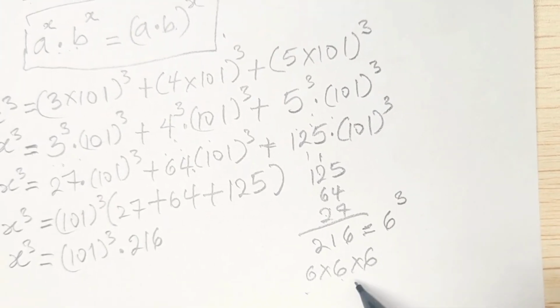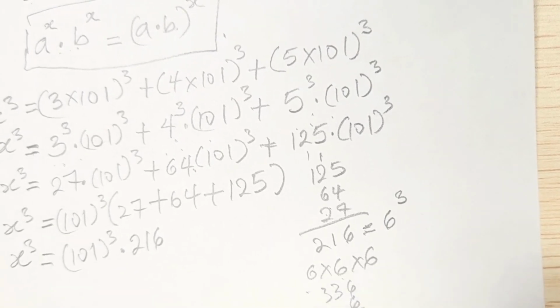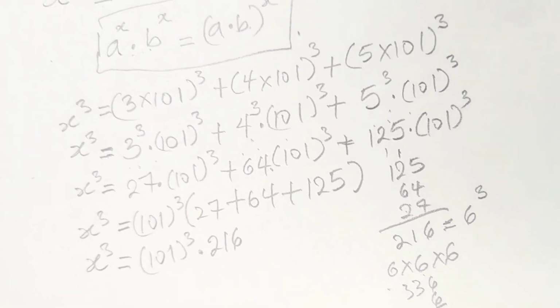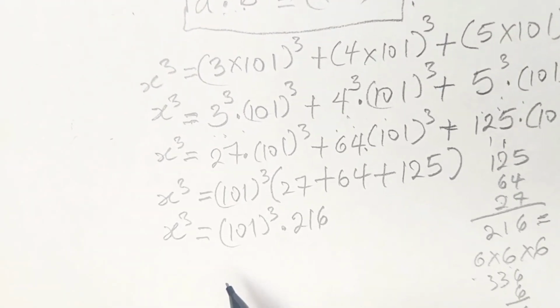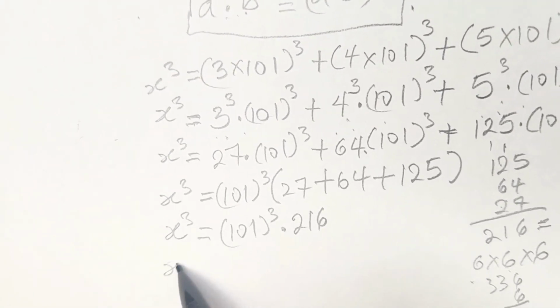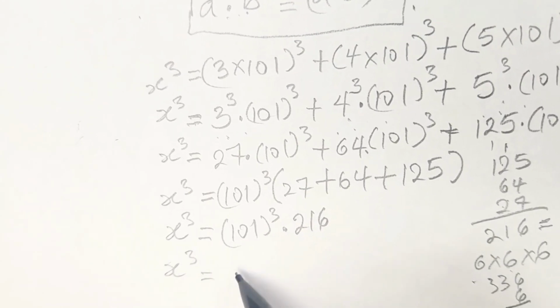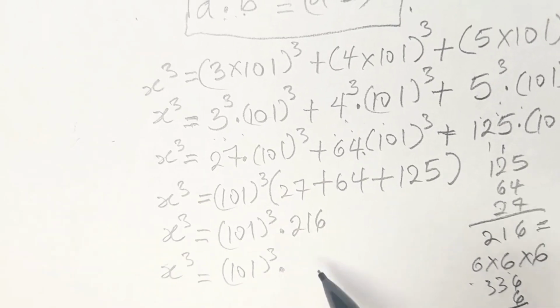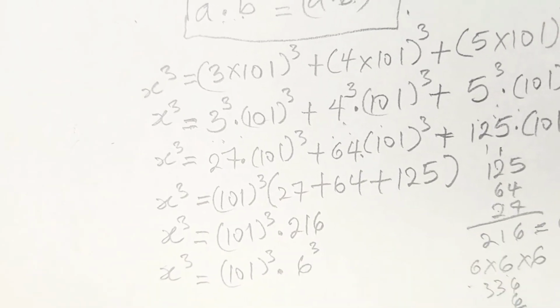6 times 6 is 36, times 6 is 216. Okay, so now this becomes x cubed equals 101 cubed times 6 raised to power 3.